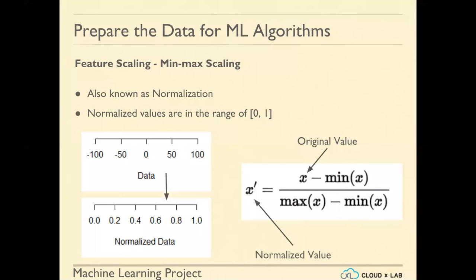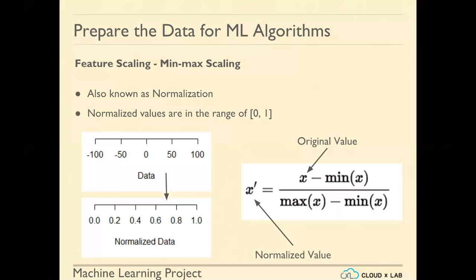It is pretty simple. First you shift the data set to 0, and then you divide by the range. So you take the minimum to 0, the maximum to 1, and everything in between. This is called min-max scaling, or we also call it normalizing.